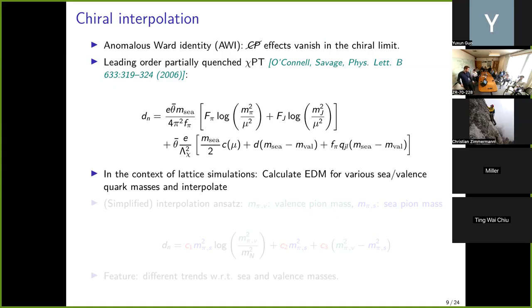Right, as already said, you can use a formula like that, which depends on the masses of the pion, where it distinguishes between the valence quark masses and lattice calculations, in order to interpolate.